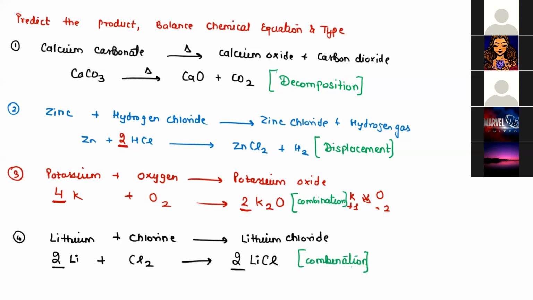Okay, so 2 more questions. Question number 5, please start writing. Barium nitrate plus sodium sulfate gives barium.